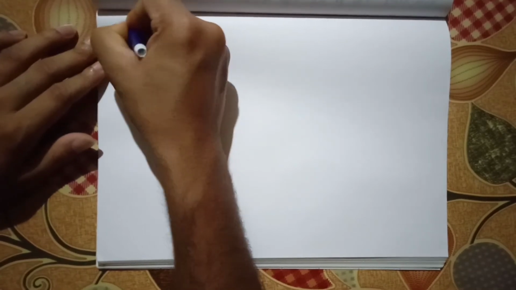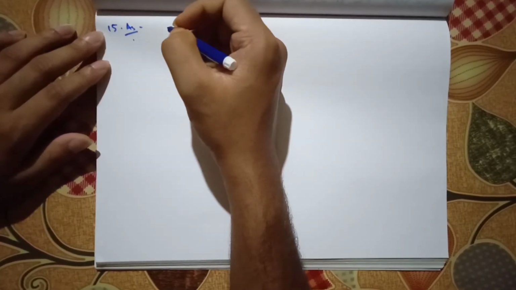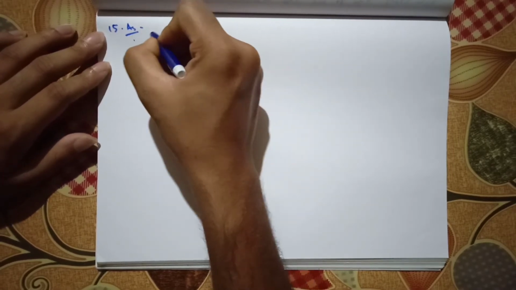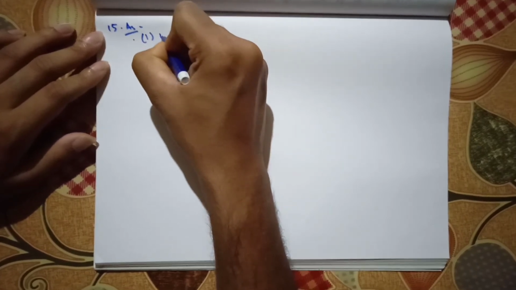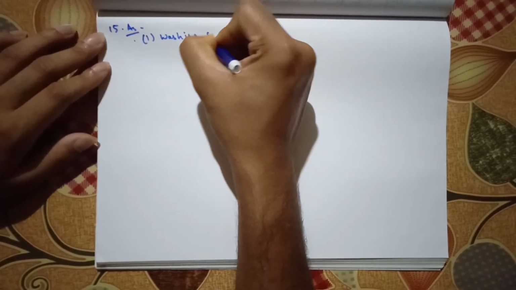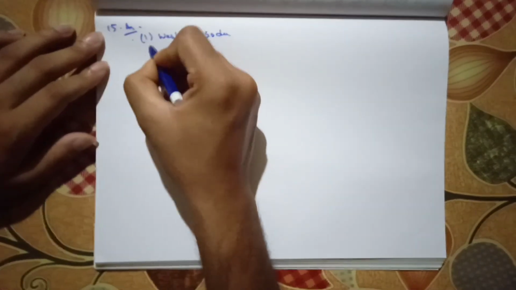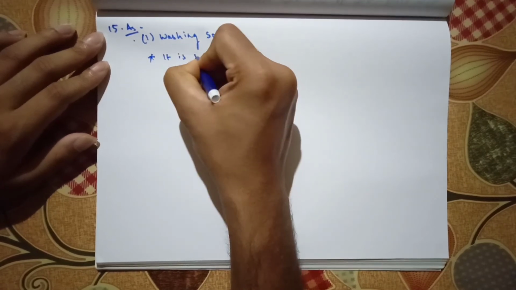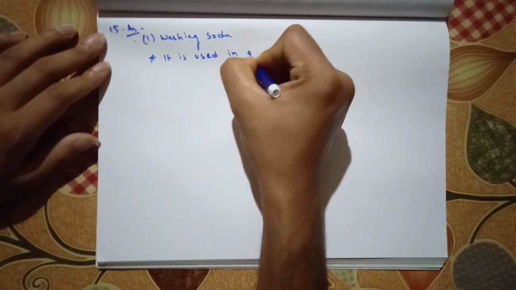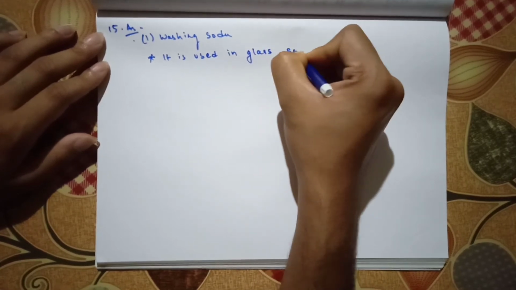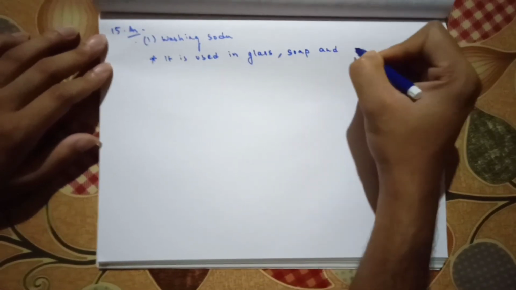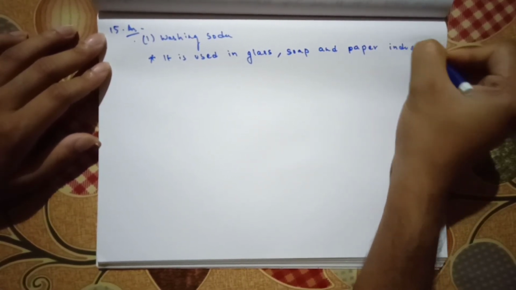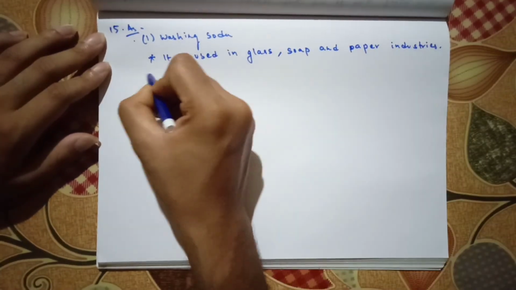Now the last question, which asks: give two important uses of washing soda and baking soda. So first of all, the washing soda. Number one, it is used in glass, soap and paper industries to clean up this material.